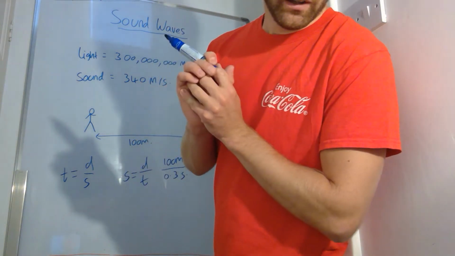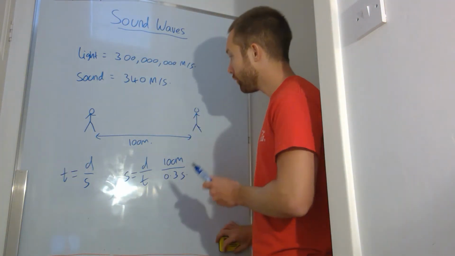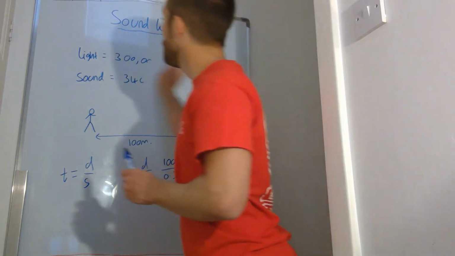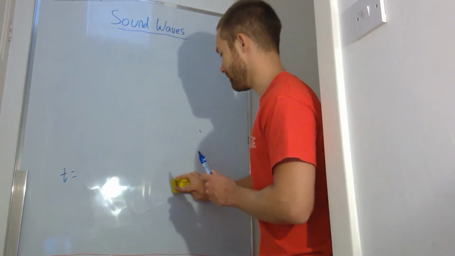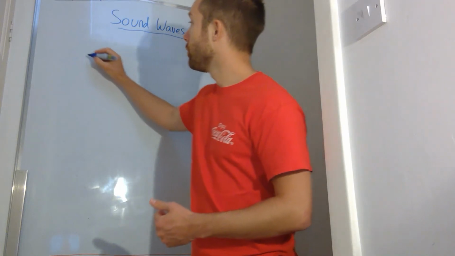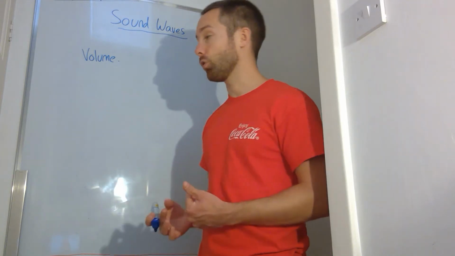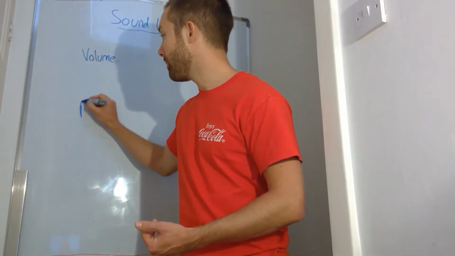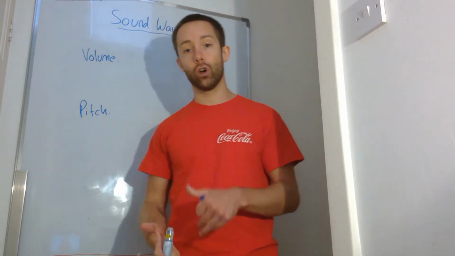Now, what can we actually change about sound then? There are two main things that we can change about a sound. We can make that sound louder or quieter, so we can change the volume of a sound, to make it loud or quiet, or we could change the pitch of a sound to make it high pitch or low pitch.